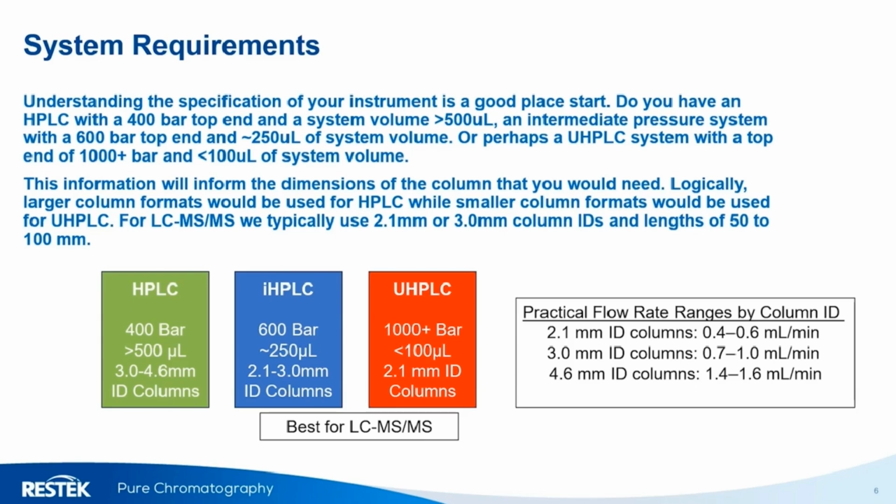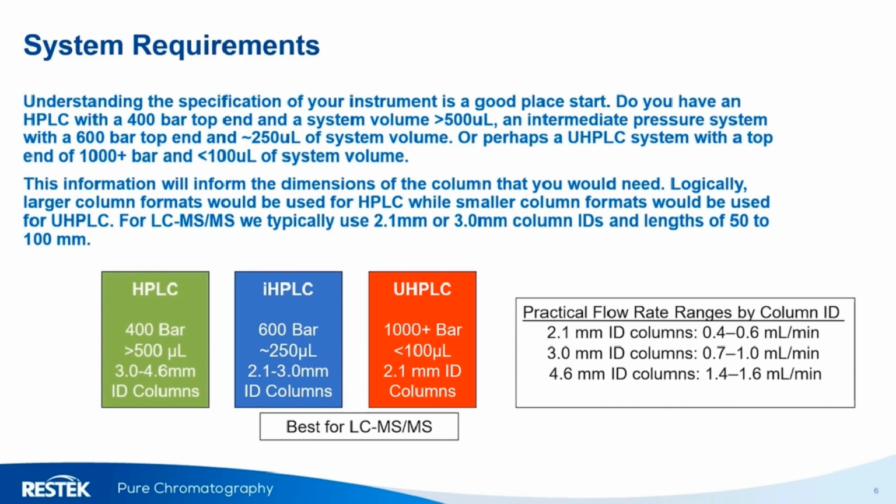This information, knowing what your system is capable of, can help you to inform about the dimensions of the columns that you would need. So as you can see, logically, we would see larger column formats for the larger system volume and lower pressure systems, while we would have smaller column dimensions for higher pressure, lower volume systems like the intermediate or UHPLC systems.